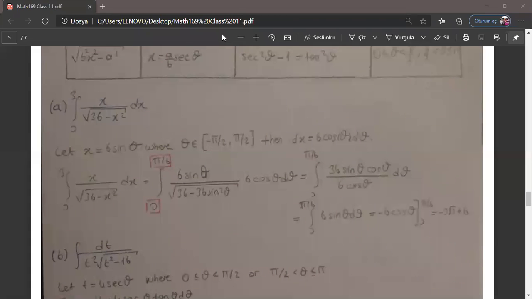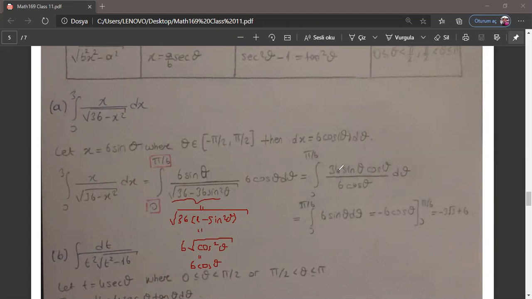Now if you rewrite that square root, in the parentheses you have 36, you get this. And remember, this is exactly equal to 6. And inside of the square root, you have cosine squared, right? So you get finally 6 cosine theta. Okay, as in here.